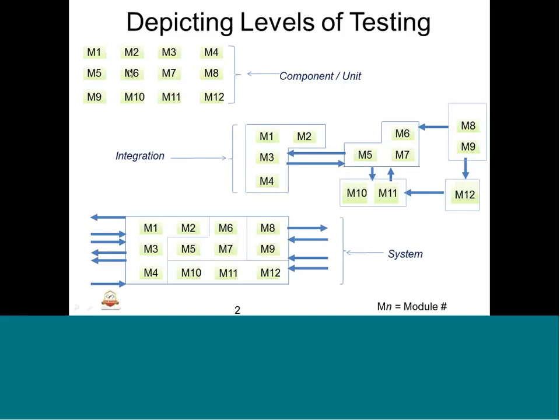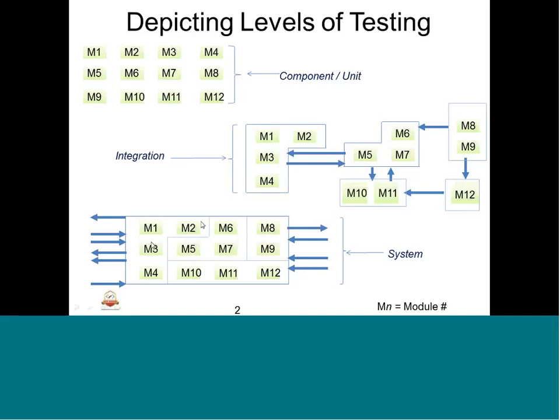I'll repeat. In component level or unit level testing, individual components or units are tested separately. In integration, we combine several blocks or components together to test at the software level, software to software or software to hardware.